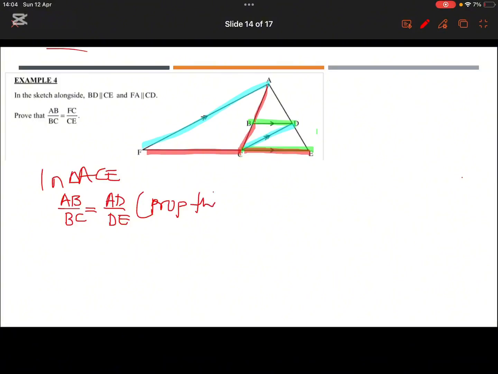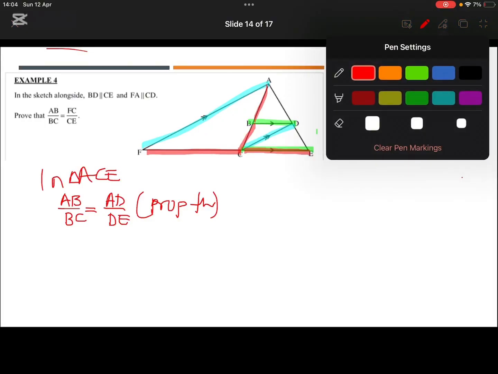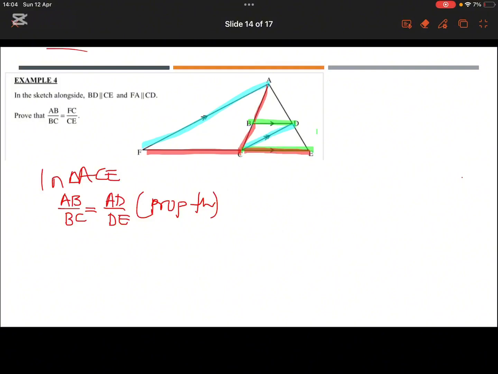Why? That is the proportion theorem, or line drawn parallel to one side of a triangle. Okay, let me remove this so you can see what I'm talking about. Here it is. This line is parallel to this line, right?